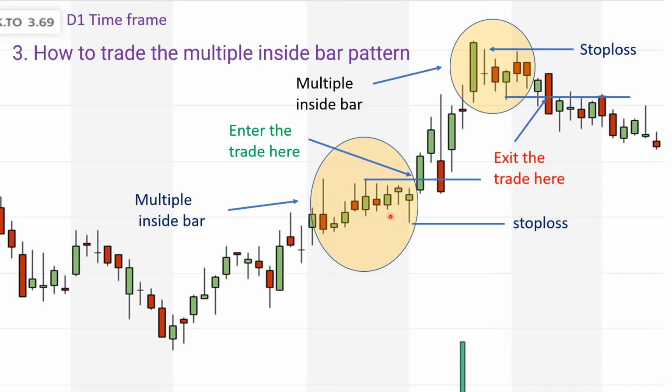So this is the best way to trade a multiple inside bar pattern.